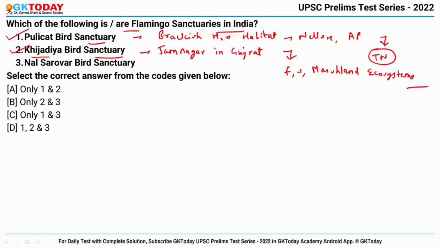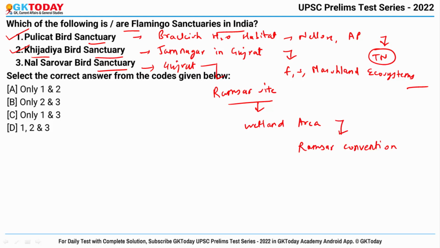Third is Nal Sarovar Bird Sanctuary. It is also located in Gujarat. An important thing is it is also a Ramsar site. What is a Ramsar site? Actually, it is a wetland area designated to be of international importance under the Ramsar Convention, and it provides protection for national action and international cooperation for conservation and wise use of wetlands and their resources.